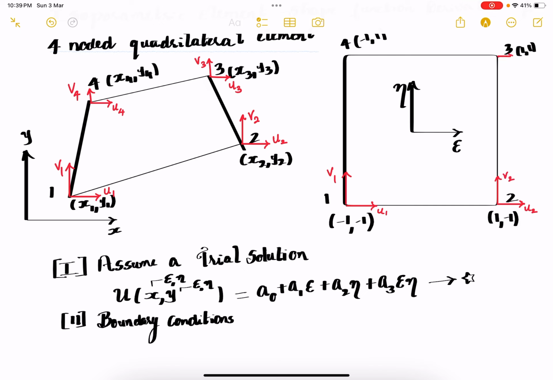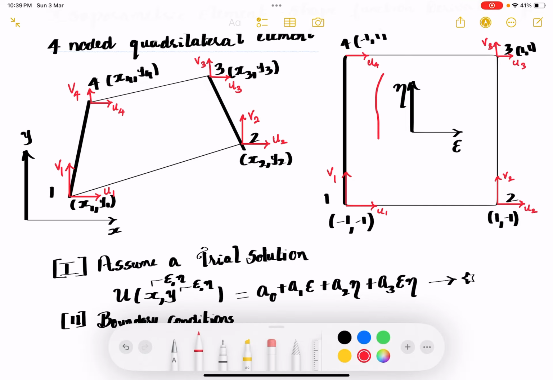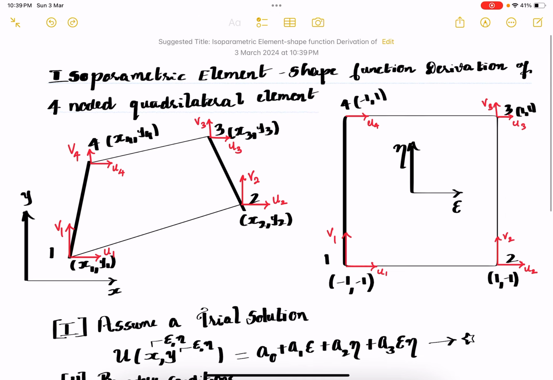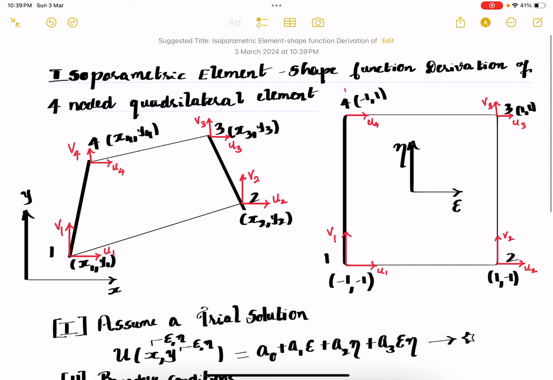Here it is u3, it is v3. It is u4, and the displacement along the vertical direction is v4. Okay, so this is important.